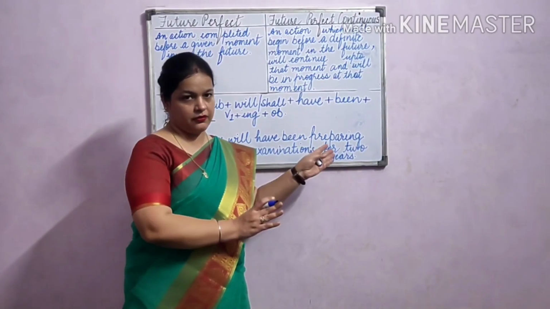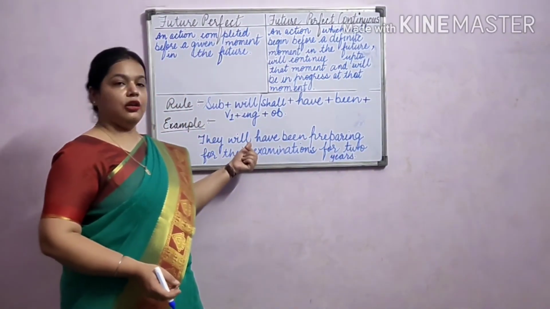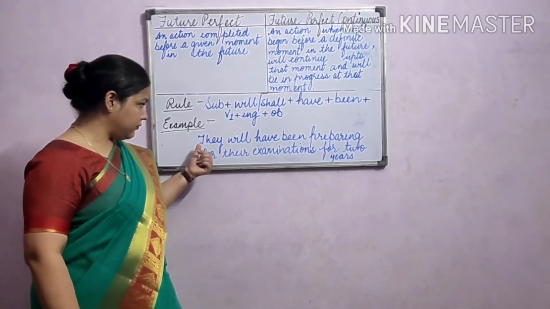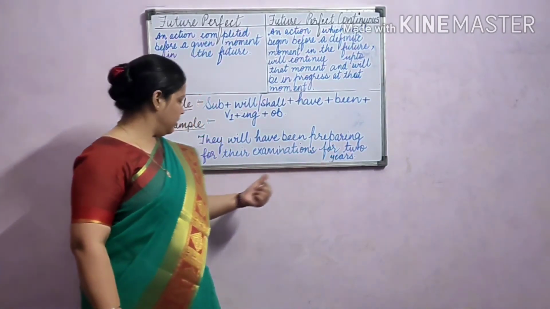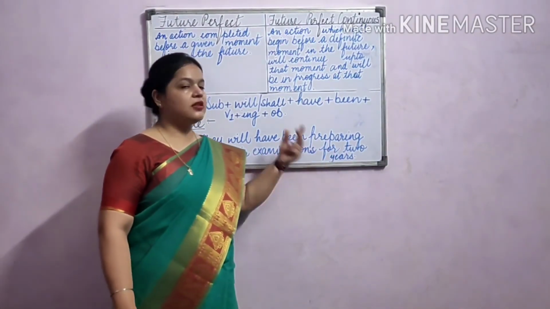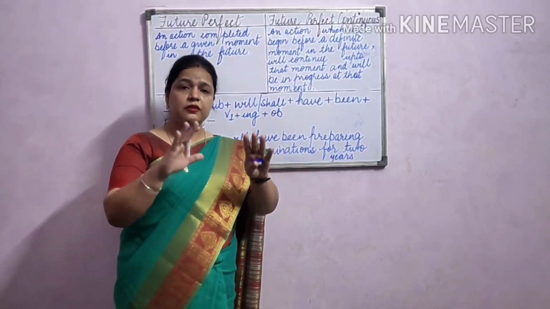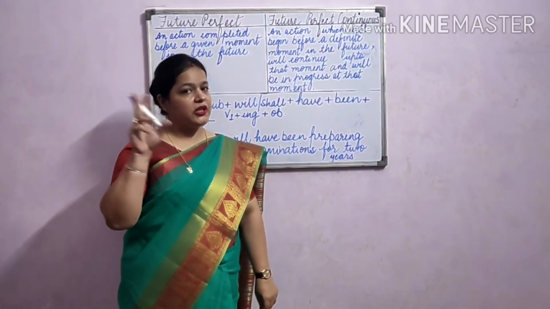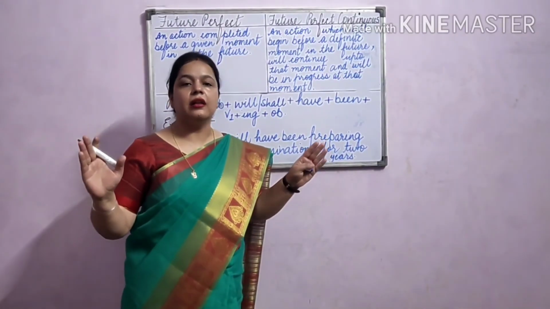This is the affirmative one. How do we change that into negative one? By placing not after the helping verb. So the conversion will be, they will not have been preparing for their examinations for 2 years. For 2 years, what is the difference between since and for? You may just refer to my previous 2 videos in which I have made it clearer.